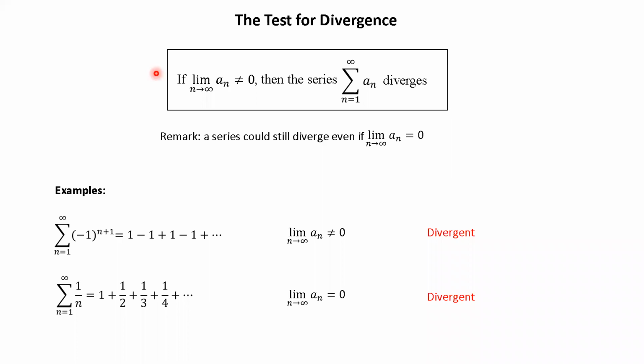What it says is very simple: if you take one of the terms of your sequence, a of n, and find the limit as n tends to infinity, and you find that this a of n does not go to 0, then that is a divergent series.